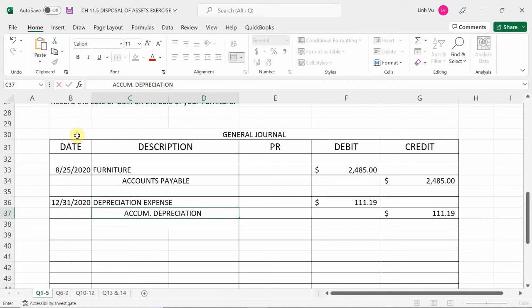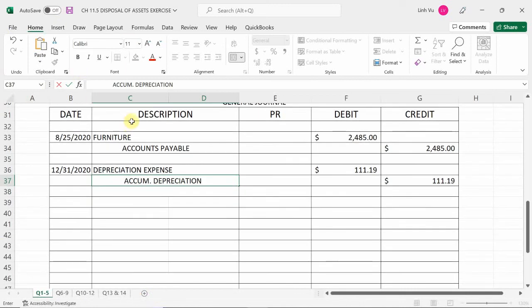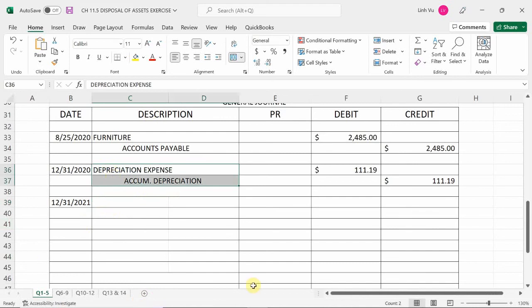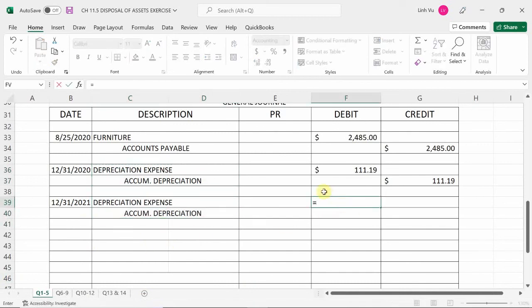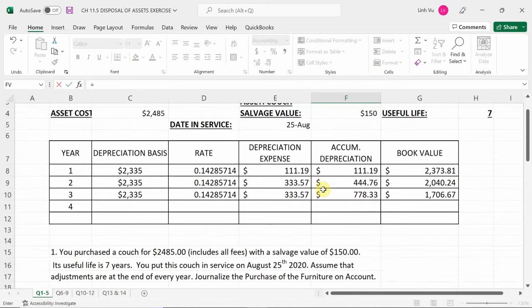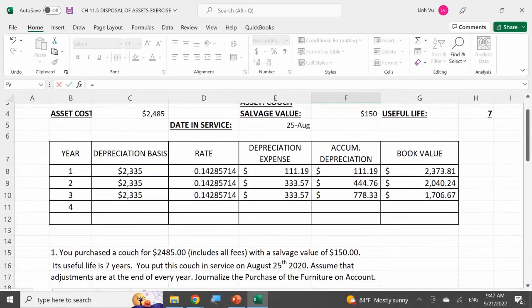What's my journal going to look like for the following year? So December 31st of 2021. Depreciation expense. Good. So how much was the value for the second year? $333.57.